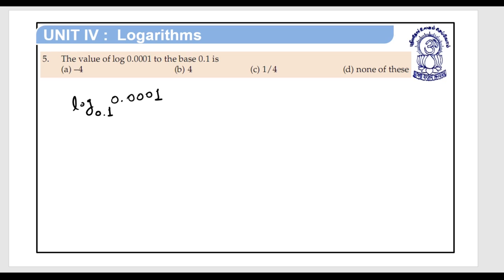We can write 0.0001 as 1 by 10 raised to 4, and instead of 0.1, we can write 1 by 10.